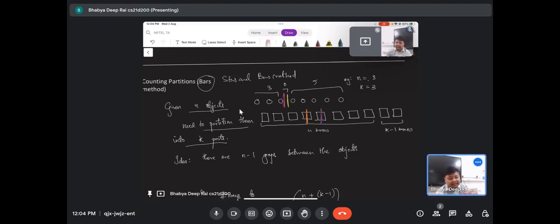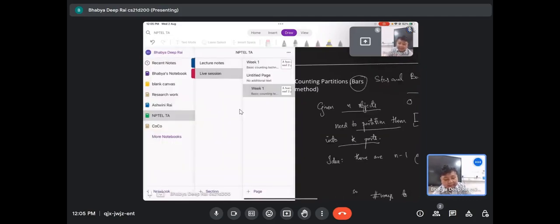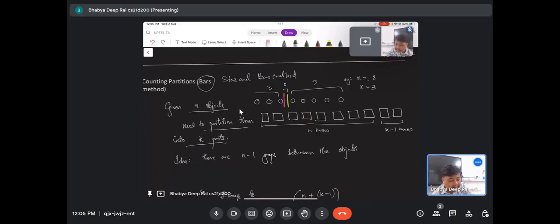this is the same thing that this represents, right? And if I put a bar here and put a bar here, it will represent what the previous scenario showed: 2 elements in the middle and 3 elements at the final partition. So what I want to say is, let me keep this for future reference here.